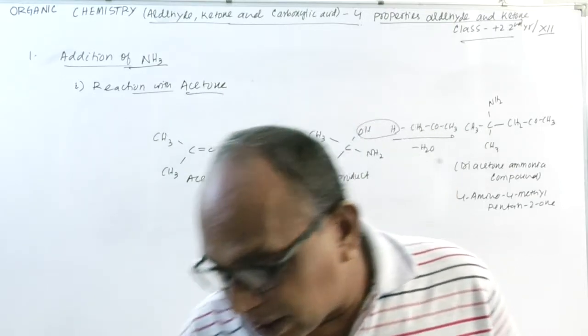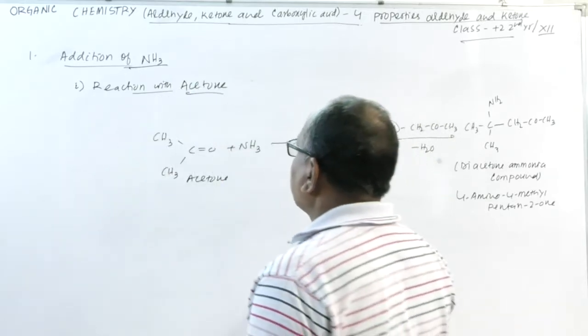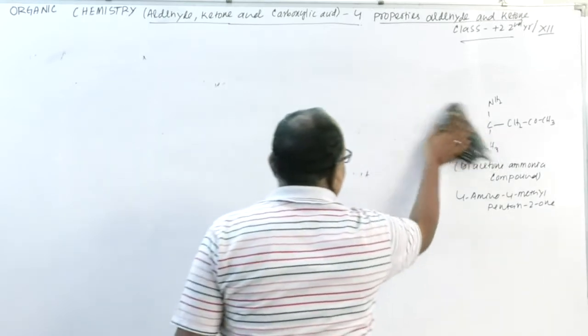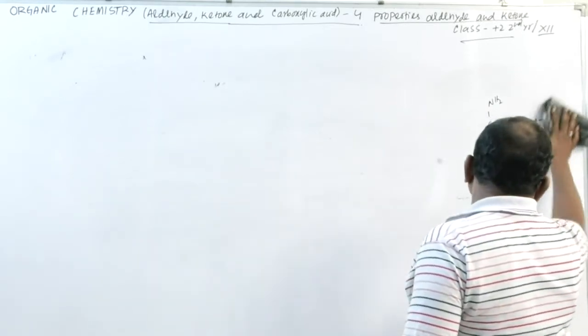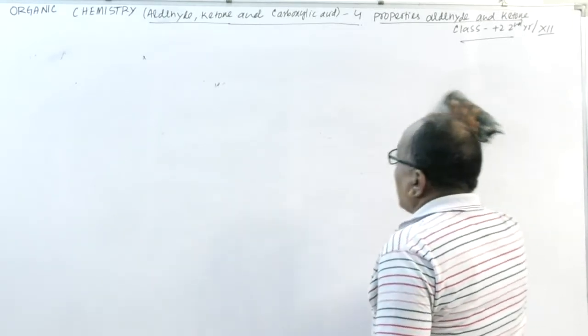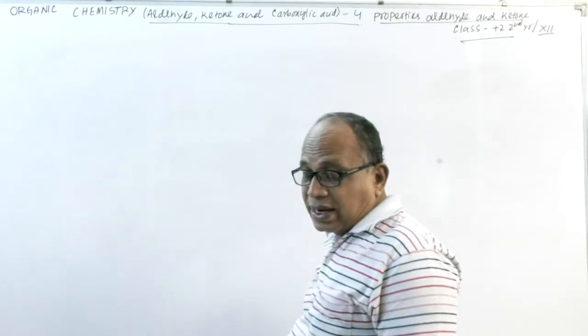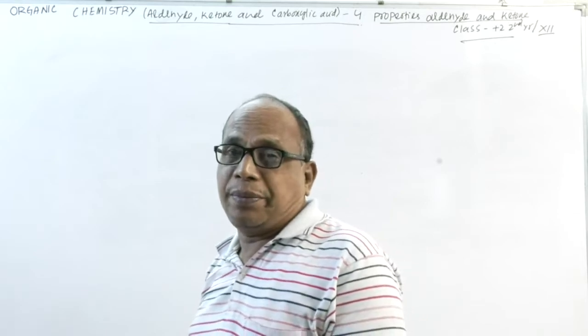Okay students, next, these are all about the addition reactions of aldehyde and ketone. Aldehyde and ketone get added with HCN, sodium bisulfite, Grignard reagent and ammonia.